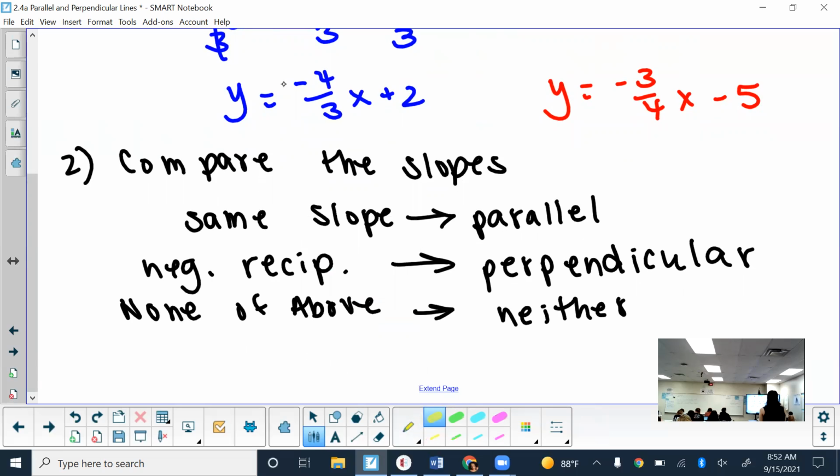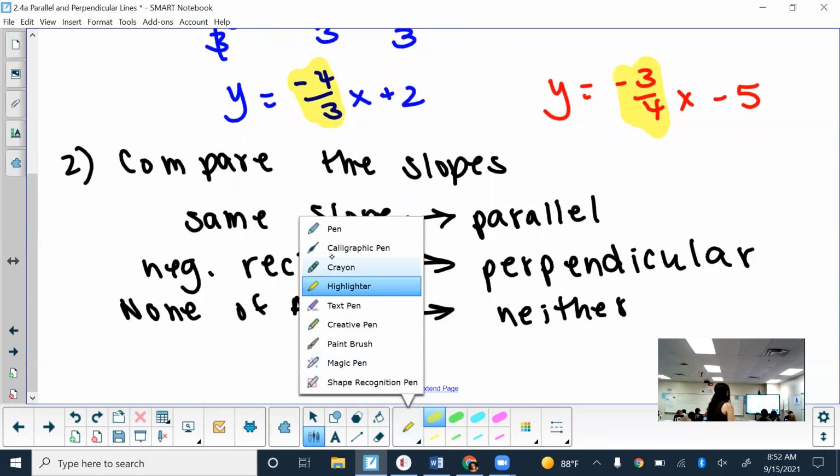So now let's look at our slopes. Slope of the blue line is -4/3. Slope of the red one is -3/4. So are they the same? So that means they're not parallel. Are they negative reciprocals of each other?